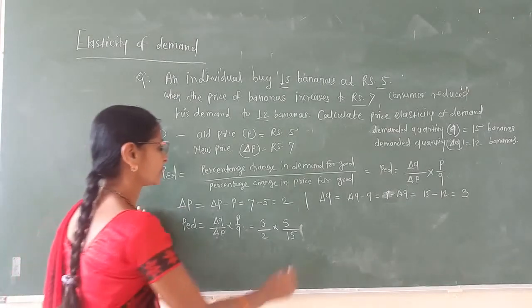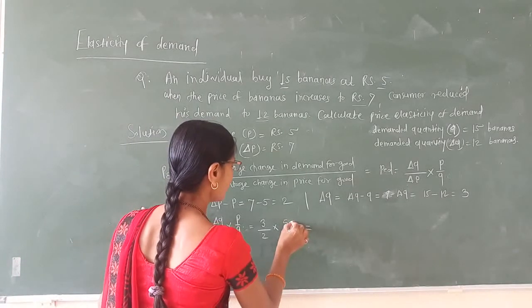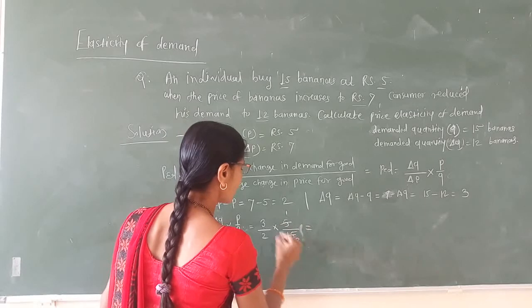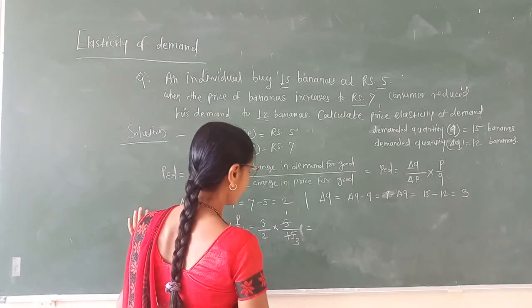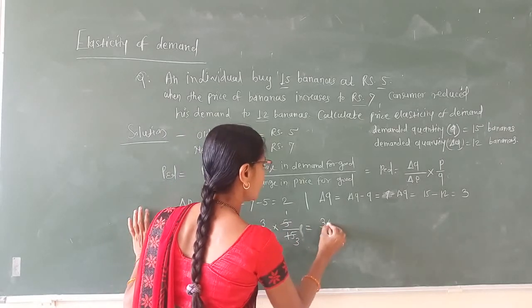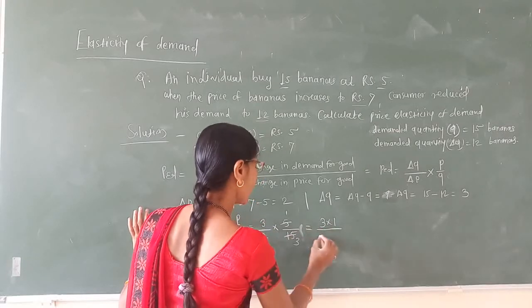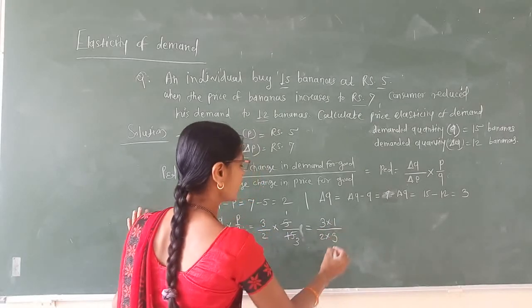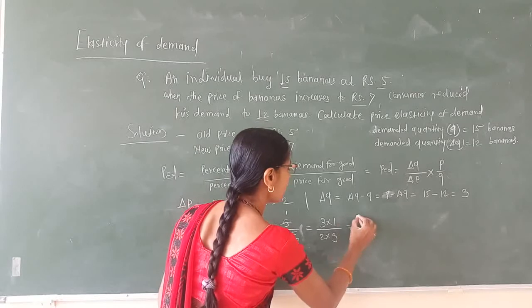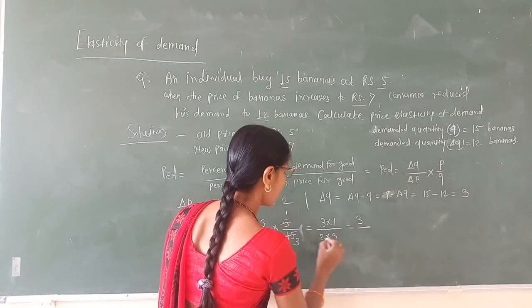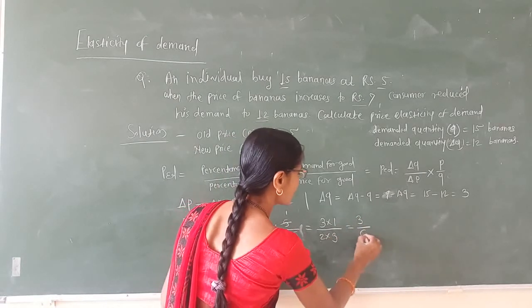So 5 divided by 15 is equal to 1 divided by 3. So 3 into 1 divided by 2 into 3. 3 into 1 is equal to 3 and 2 into 3 is equal to 6.